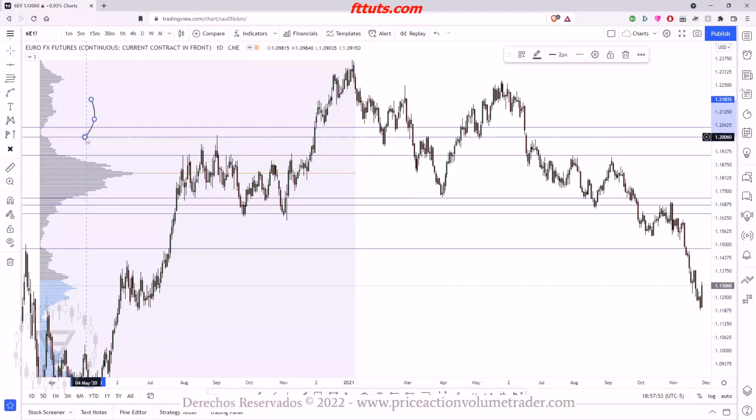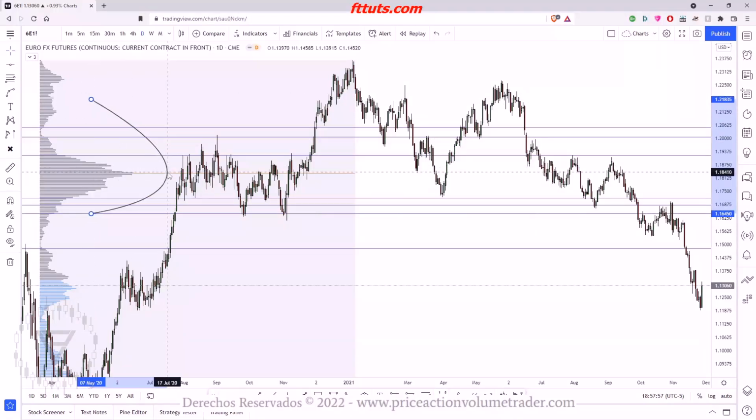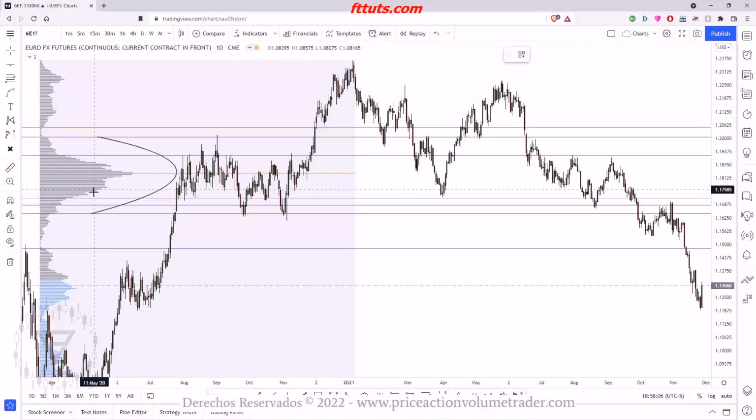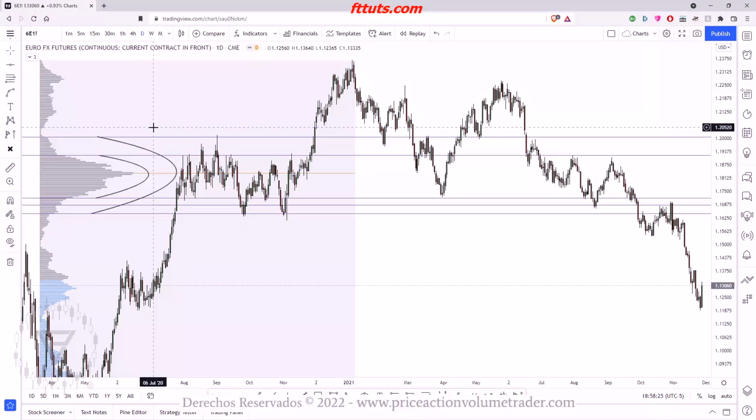Let's say we draw a major node here, and then we can refine this node into this inner node here as well. So we have these two major high volume node areas, and we have the edges marked on this. Let's take off these lines for now, because we're just going to focus on this section.